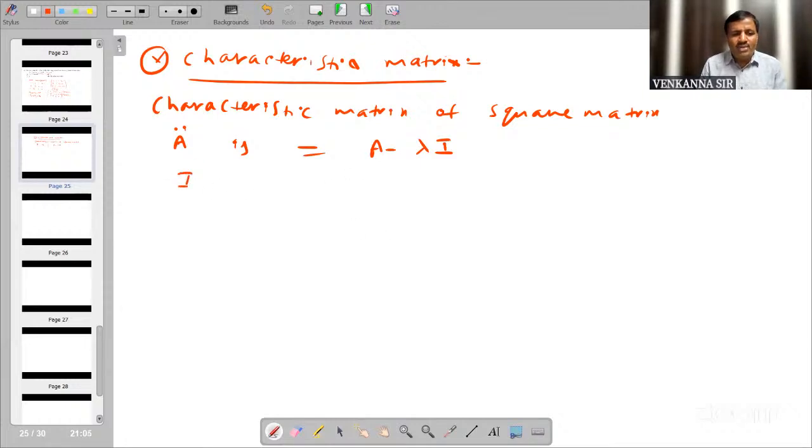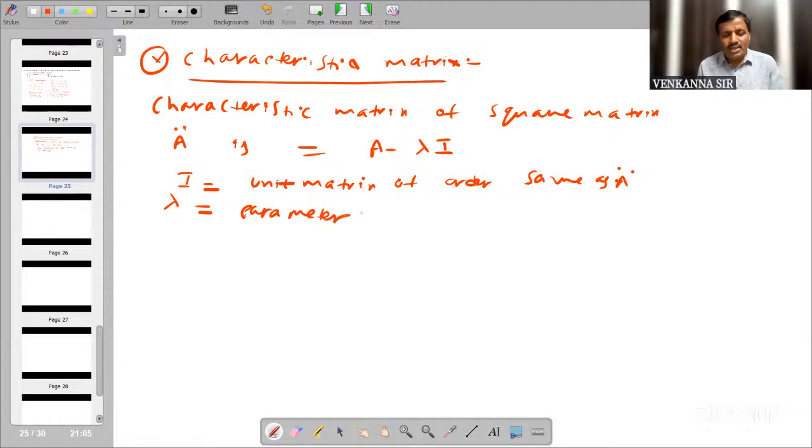I is a unit matrix of the same order as A. Lambda is the parameter, called the eigenvalue. So that is the characteristic matrix.